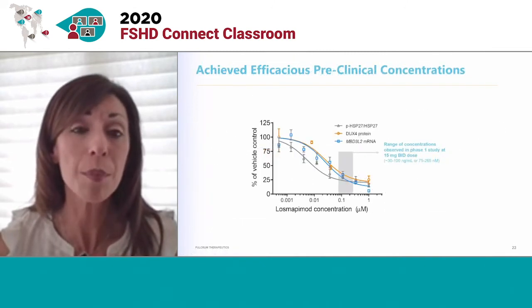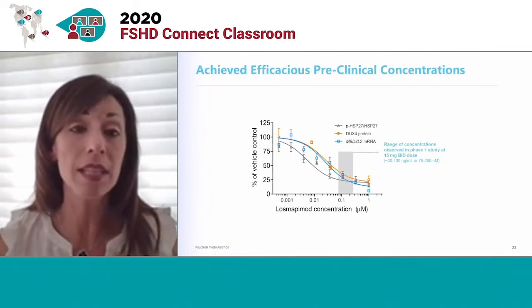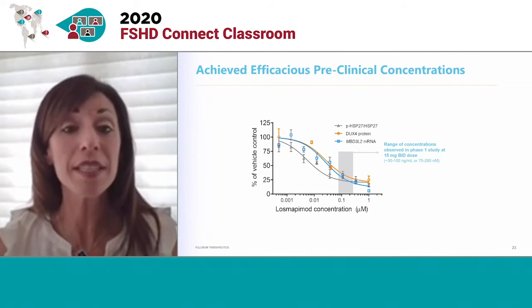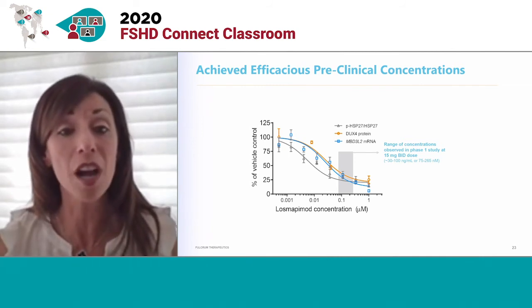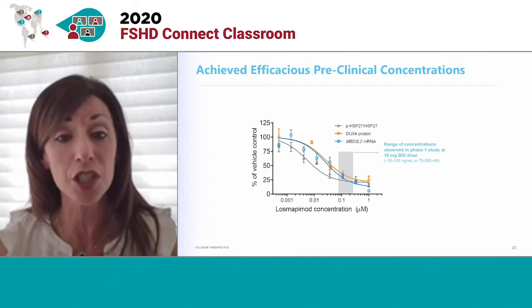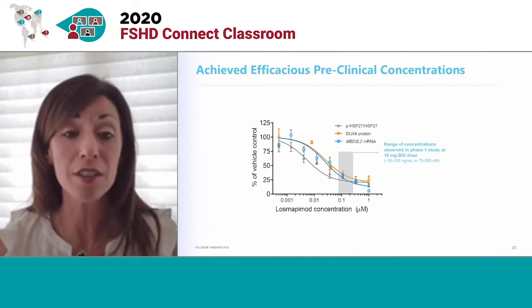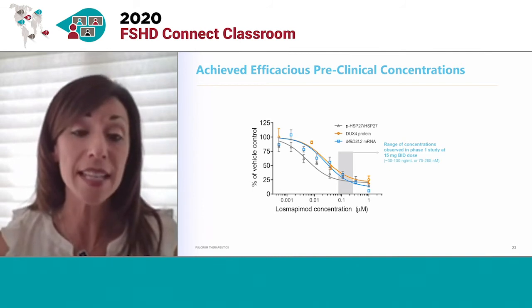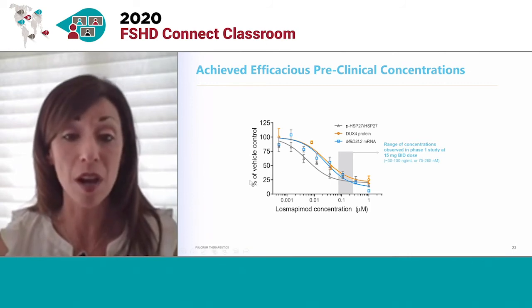When you think back to the cell model, you can see that the range of concentrations that we were able to achieve in our phase 1 study are similar to the range of concentrations that did inhibit or decrease DUX4 expression in that cellular model.